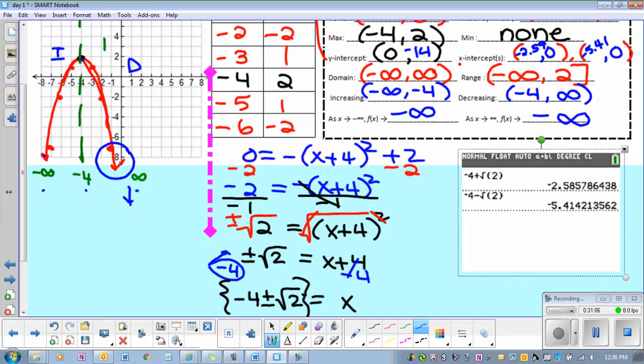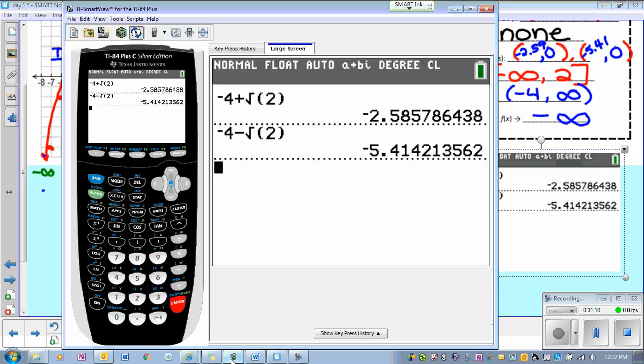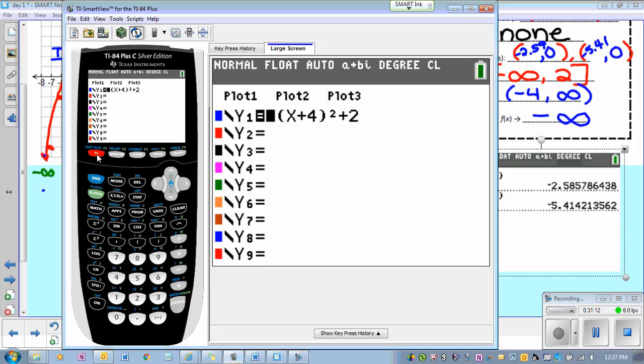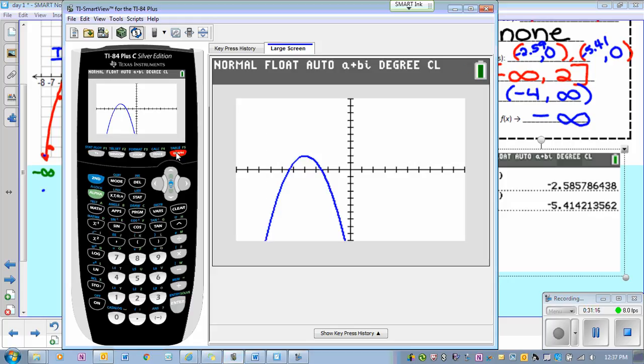All right. So let me show you how to put this into the calculator. We put the equation into y equals, and then we go and graph it. On the left, I have one x-intercept. On the right, I have another one.